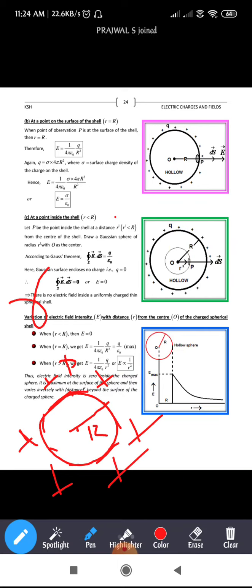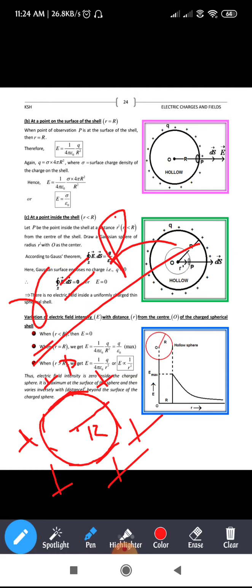In this case, small r will be equal to capital R. Since we have drawn the Gaussian surface on the spherical shell itself, the radius of the Gaussian surface will be equal to the radius of that spherical shell, capital R.